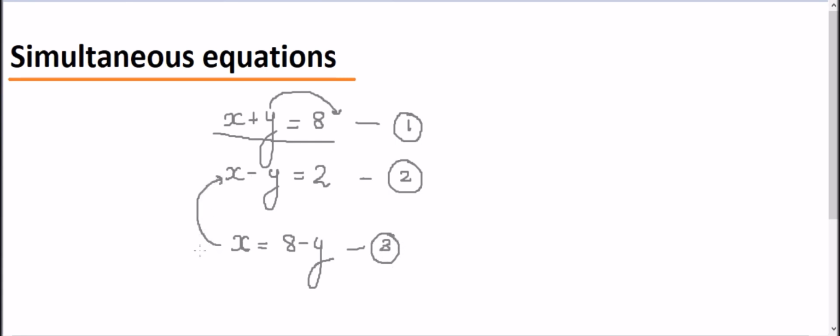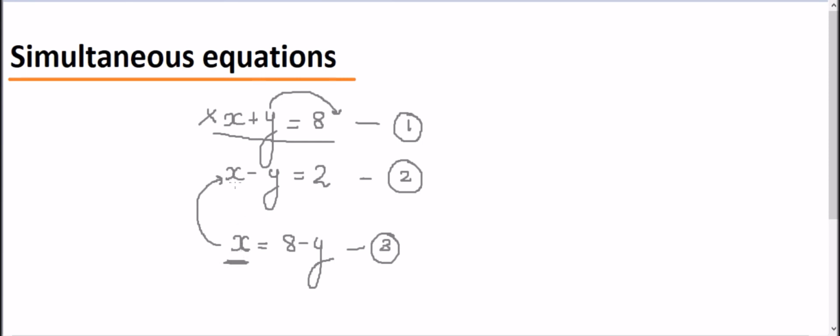I'm again repeating. From the first equation, make x the subject, get the value of x in terms of y, and then substitute this value of x in equation 2. Don't substitute again in equation 1. You have calculated x from equation 1, so you need to substitute this value in equation 2.